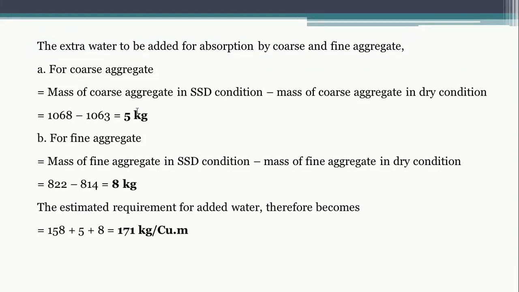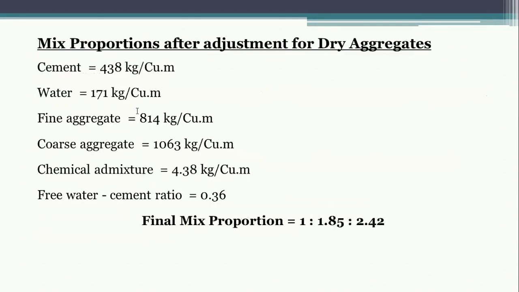Earlier it was 158. Since the coarse and fine aggregate are in dry condition, you have to add more water to make it wet. That's why the estimated water content is more than for SSD condition. For dry condition, you require more water to make it workable. So after making the adjustment for the dry aggregates, cement content is the same, 438 kg per meter cube.